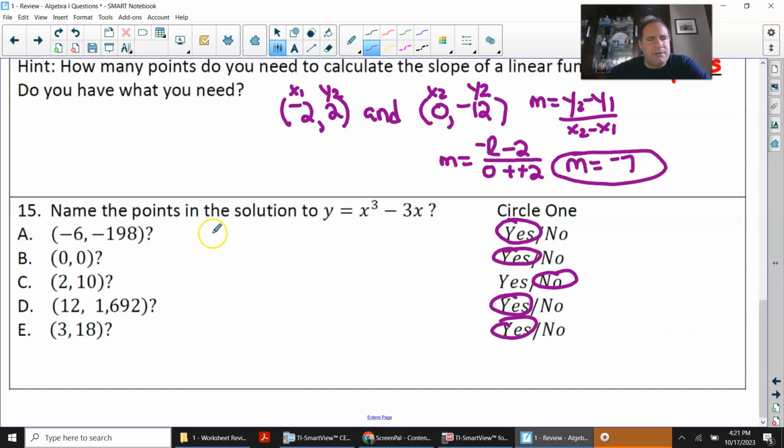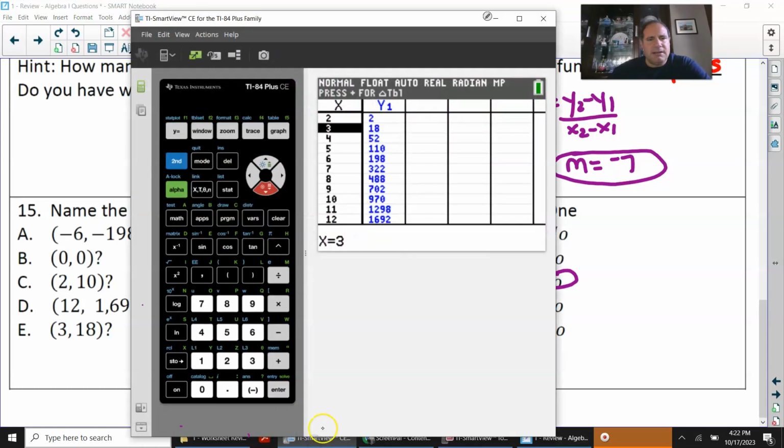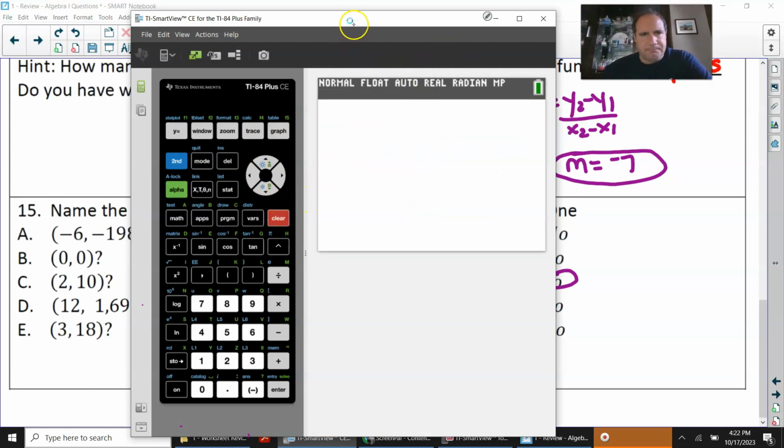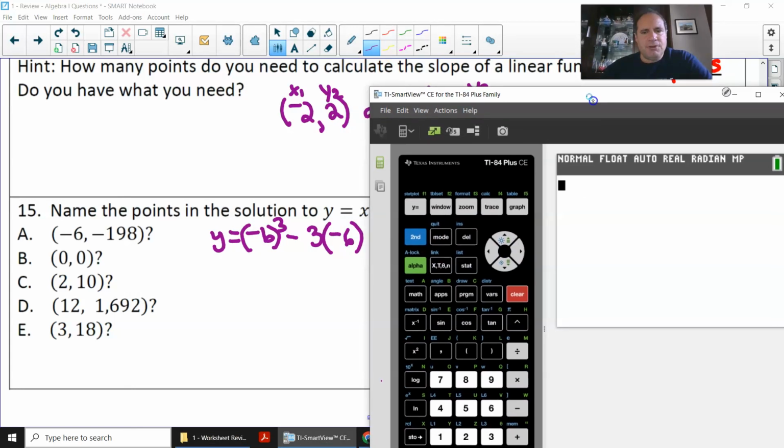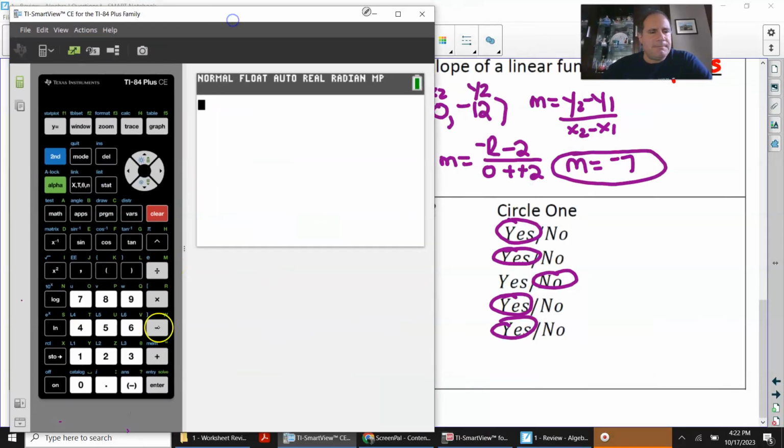So the only other way to do this is to actually substitute in. You see this y? This is x to the third. So this is -6 to the third power minus 3 times -6. If you put that into the calculator, in parentheses with the negative, you could tell whether or not it's on the line. So I'm going to do that just once here. So we have -6 to the third power, and I'm going to put that in parentheses, -6, close parentheses, to the third power.